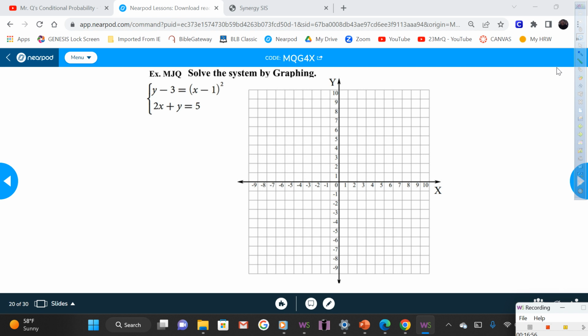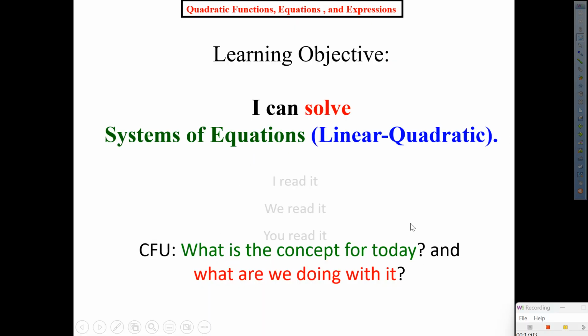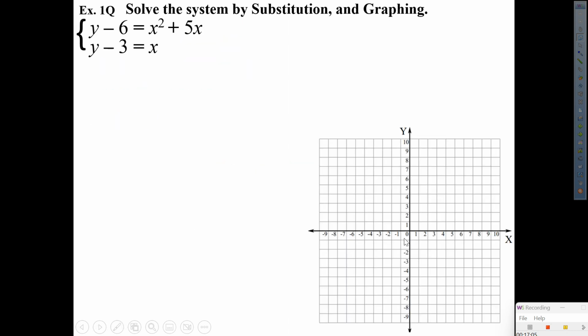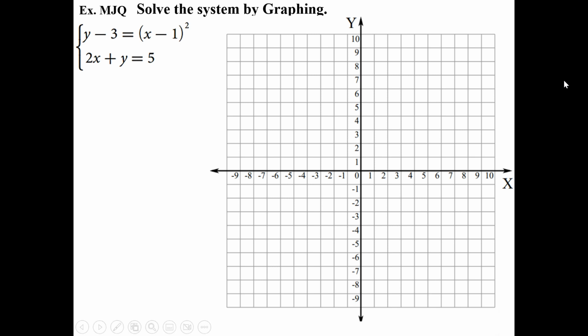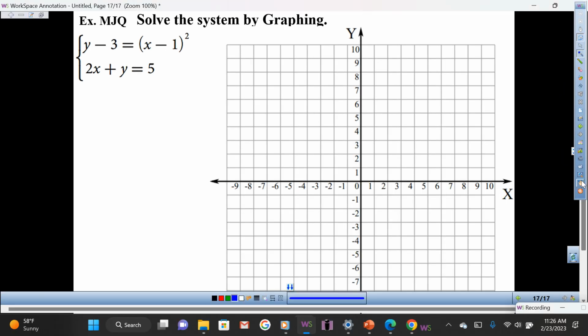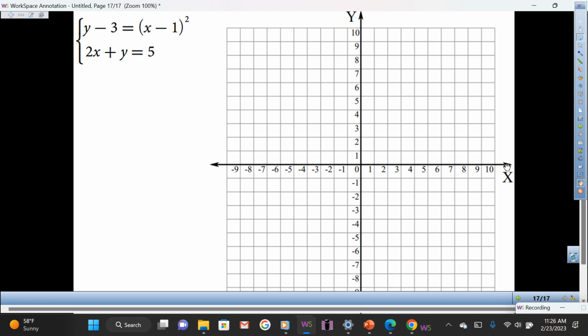All right. So with that said, let me forward my screen. So here we go. On the right side, I want you to make a coordinate plane.